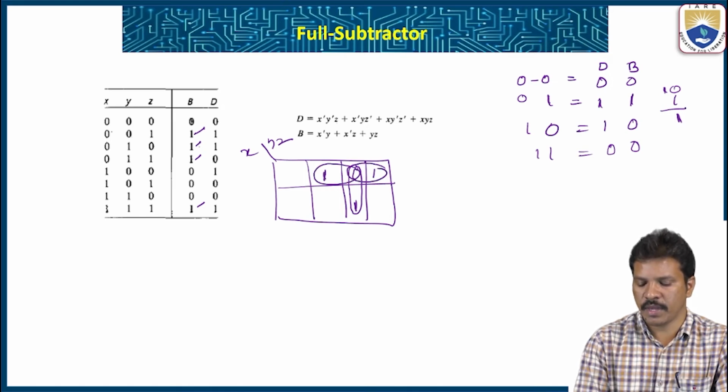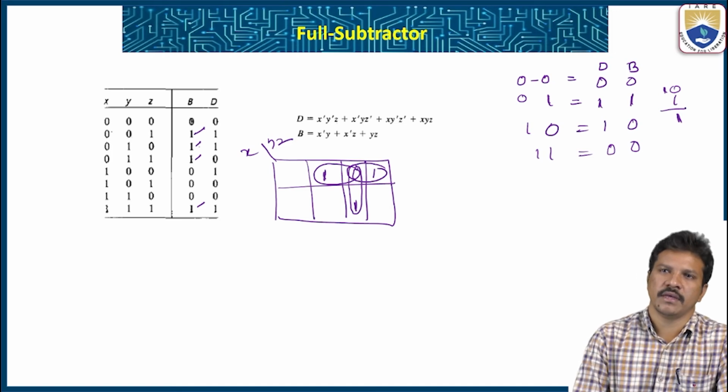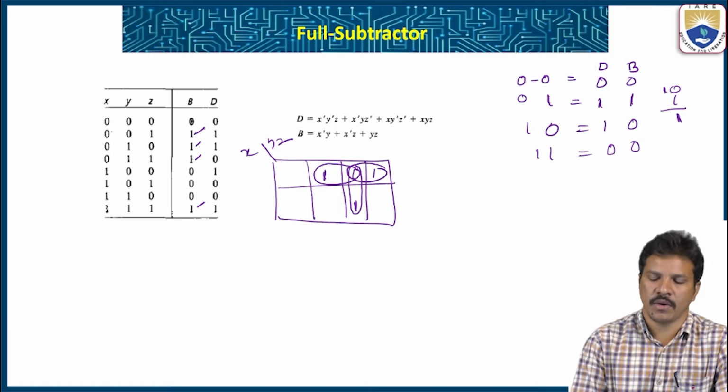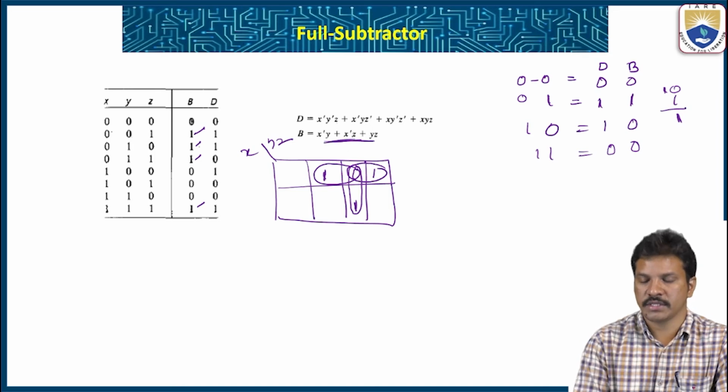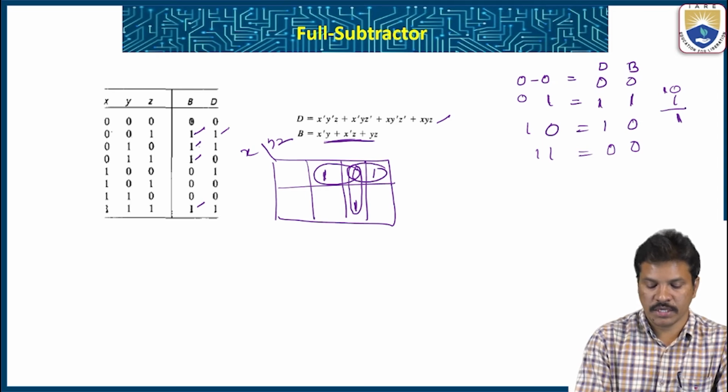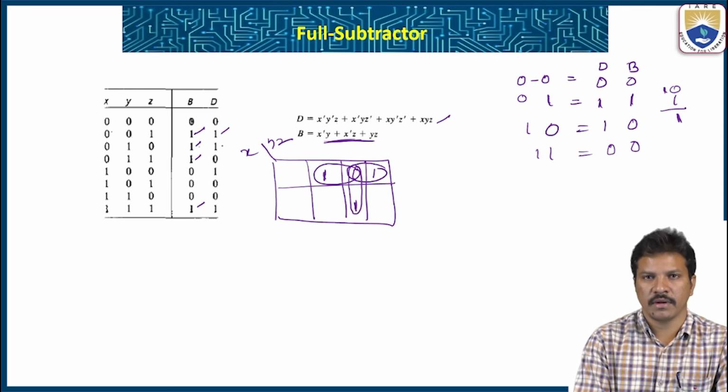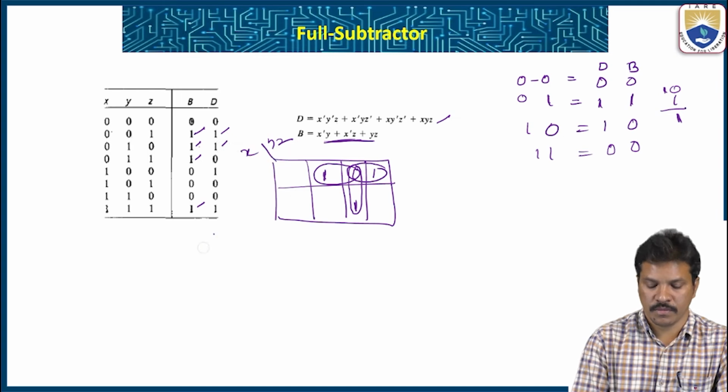In order to cover this one, pair. 3 pairs means borrow is definitely required. The 3 Boolean terms are x bar y, x bar z, plus y z, for the borrow. In order to get d, the logic 1s are minterm 1, minterm 2, 4, 7.